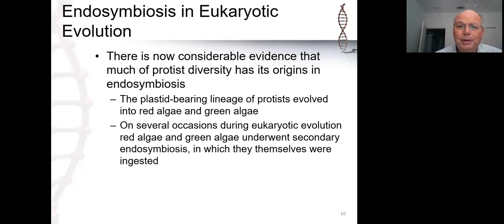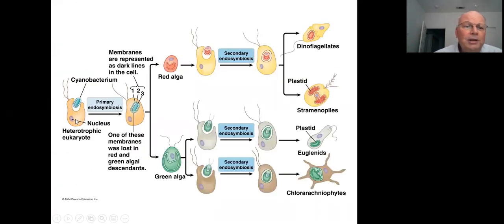It creates a lot of complexity in the phylogenetic tree, and here's the reason why. So here's the original endosymbiosis, which we now refer to as a primary endosymbiosis, the first endosymbiosis, and you'll see why in a moment. Out of that, this common ancestor as the product of endosymbiosis, you find the emergence of two lines of photosynthetic algae, the red algae and the green algae.